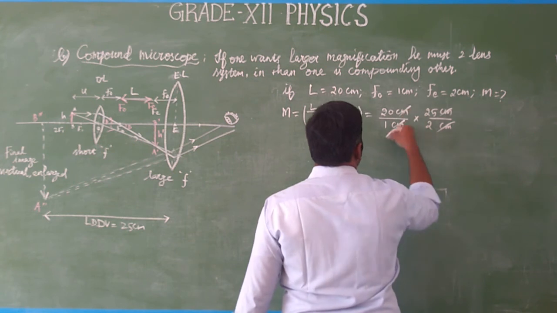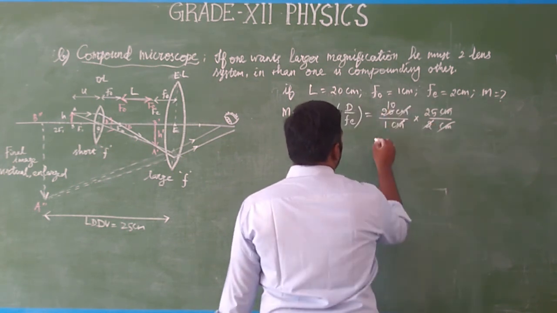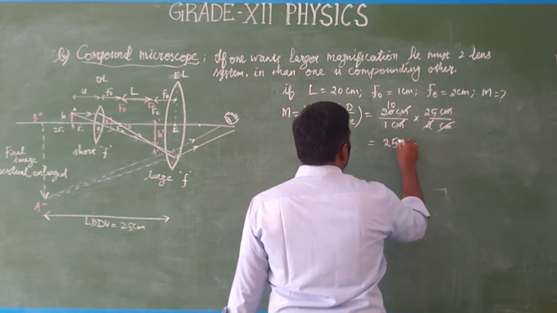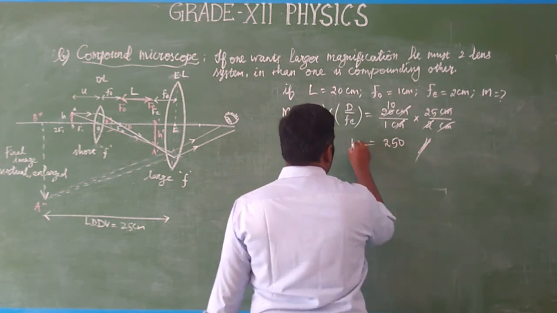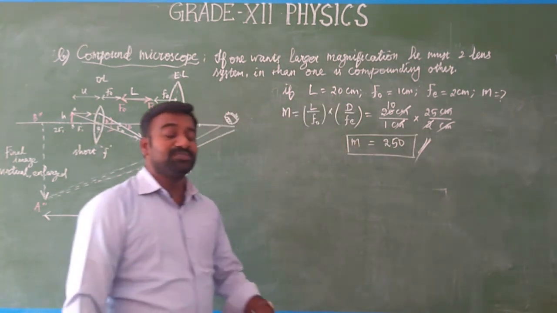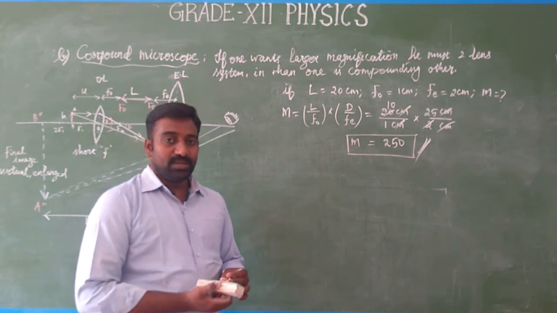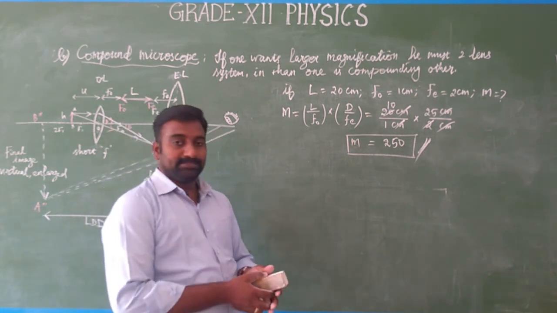So centimeter cancels. This 2 and this 20, it is 10. So 10 into 25, which is equal to 250. Therefore, the magnification in this case is 250. So 250 times that magnifies the object. So this is how we solve the numericals. Okay, I hope you are very clear.